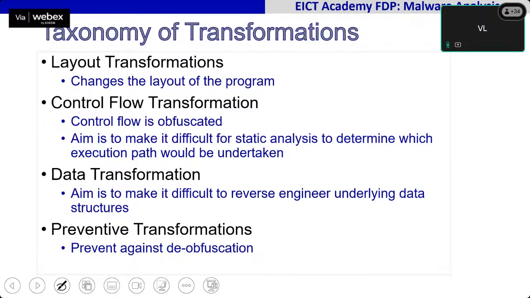When we are doing obfuscation, we are basically transforming the code, and this transformation can change the layout of the program, or it can change the control flow of the program, or it can change the way the data that is part of the program is arranged, and then there could be some other preventive transformations.